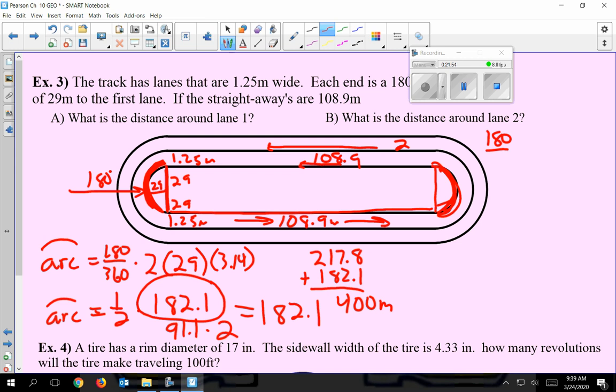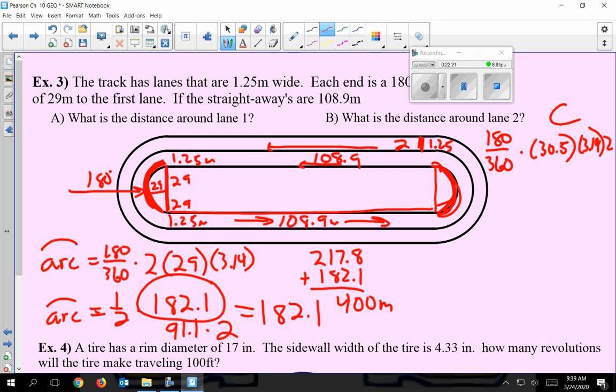But I'm going to have to change my radius now, because now I've got to add another 1.25 to how far I'm running, okay? So my radius now ends up being 30.5. I'm still multiplying it by pi, and I'm still multiplying it by 2. So remember, that's the circumference of the circle, okay?